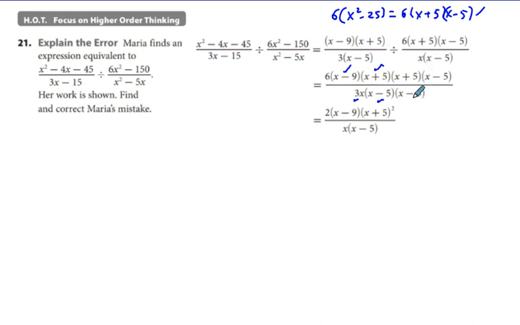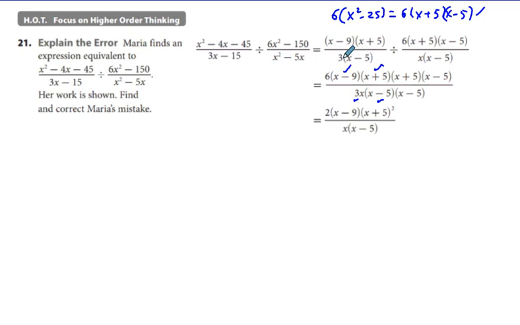So this 6 should go down here. Well, I don't see any 6 down here at all. I should see 6 and x minus 5 and x plus 5, and I should see the x and x minus 5 up here. So it seems like the mistake is going to be here.